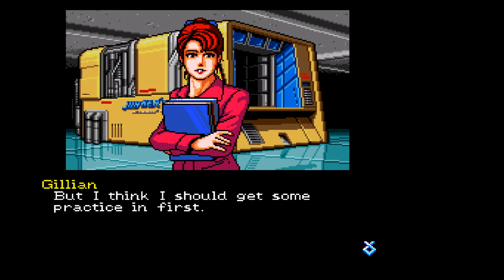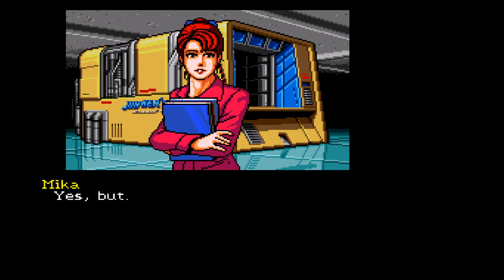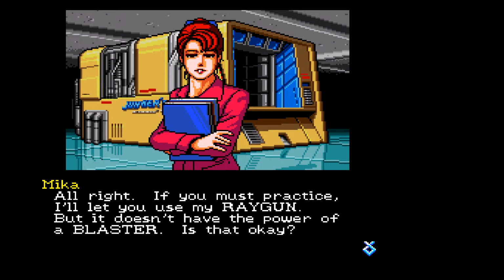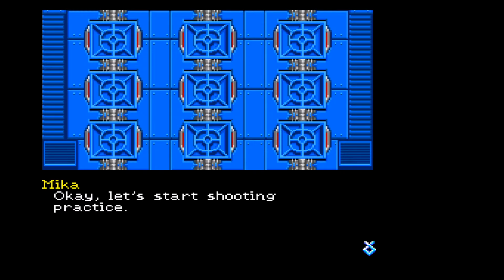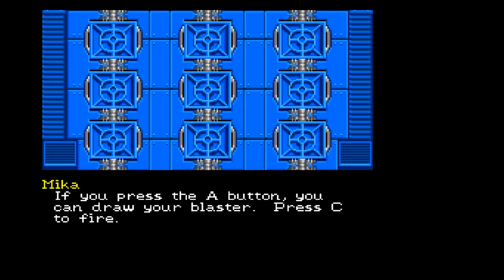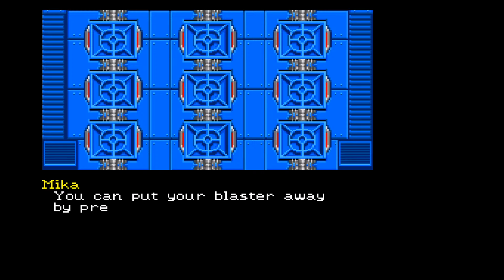Oh yeah, I need to actually get the blaster from Harry. Oh well, I guess I can do it anyway. Okay, so A and then fire, okay.